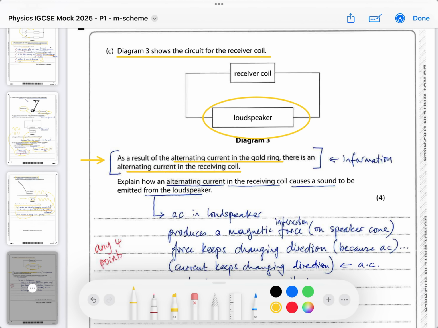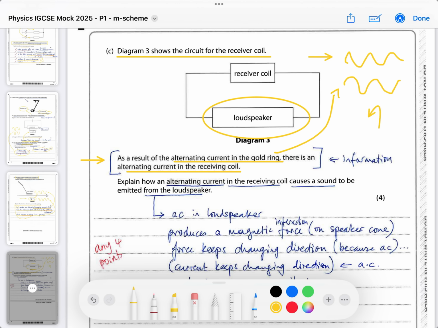So when the gold ring has created its own alternating current, it means it also has its own alternating magnetic field. An alternating current will produce an alternating magnetic field as well. So say the top one is the current, and the second diagram is the magnetic field.